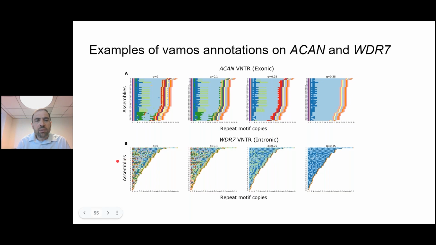The WDR7 VNTR, which is much more highly variable in terms of motif composition than ACAN, is left with three different motifs as we increase compression. There are two iterating, flipping motifs on the internal part, and one flanking motif on the external part. We can also see this extreme diversity of motif sequences when we only use a light level of compression here.